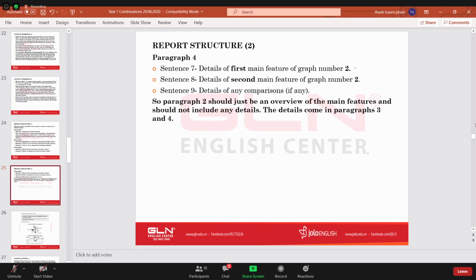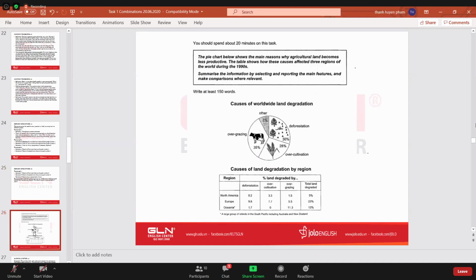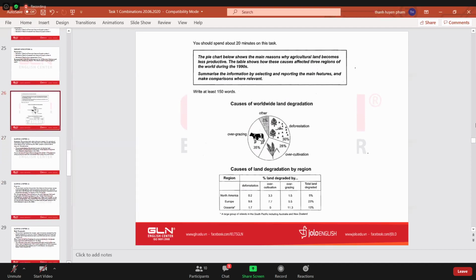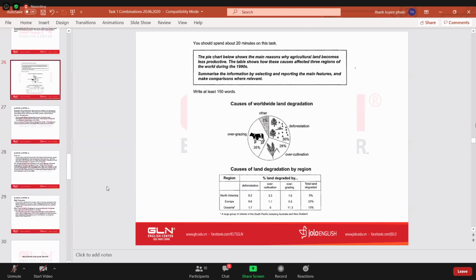So if we go back to our diagram and look again, let's go through how we can answer this question. So again, let's look at the question. The pie chart below shows the main reasons why agricultural land becomes less productive. And the table shows how these causes affected 3 regions of the world during the 1990s.